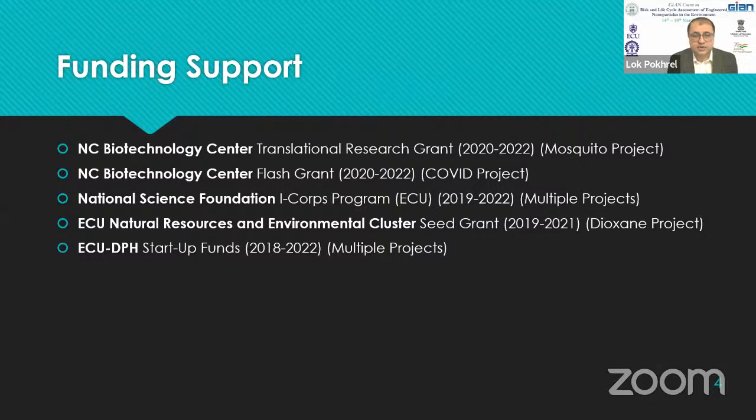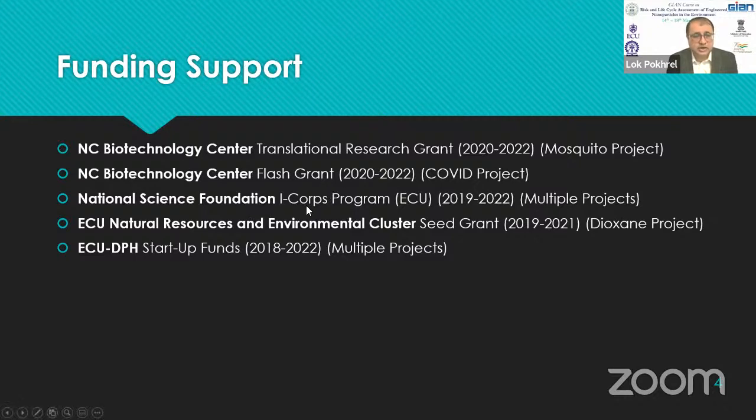We also received another grant from NCBC, called the FAST grant, a 1-year grant that we extended for an additional 5 or 6 months. This grant is related to our COVID project, where we're trying to use our nano silver particles, which are found to have some efficacy against the SARS-CoV-2 virus.